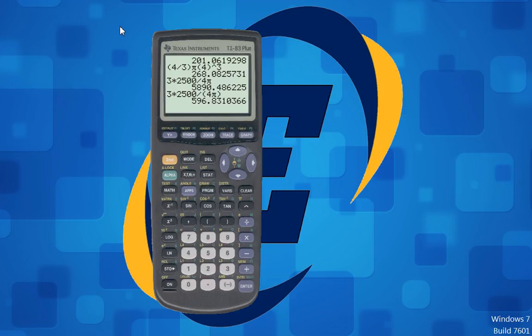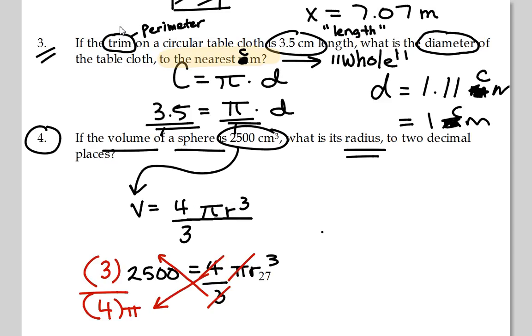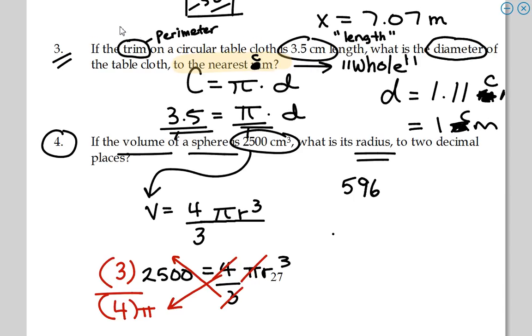So let's go back to this. What was that number? 596, beautiful. And that equals r cubed. Now we've been doing square roots for squares.